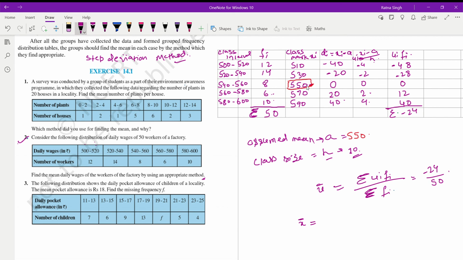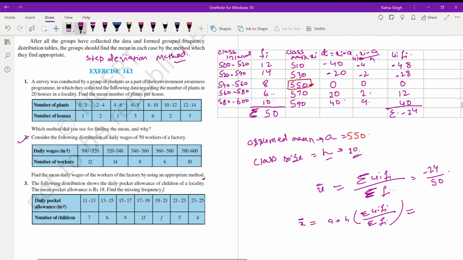Mean is equal to assumed mean A plus h, that is class size, multiplied by sigma ui fi divided by sigma fi.